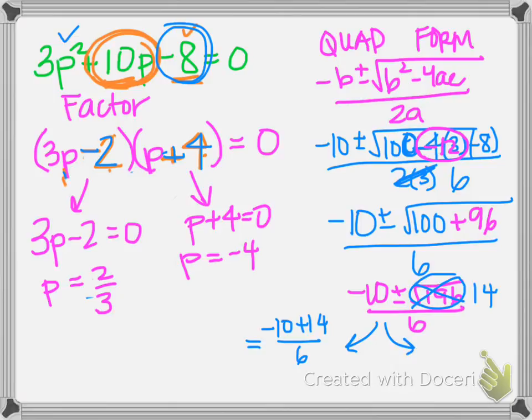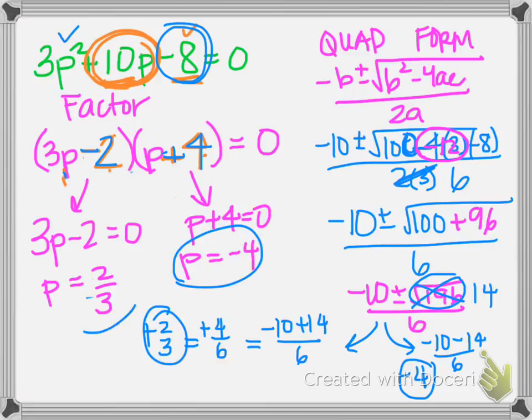And our second answer is going to come from negative 10 minus 14 divided by 6. So calculating these two answers, we end up getting positive 4 over 6, which is the same as positive 2/3, and negative 24 over 6, which is negative 4. So these answers end up being the same.